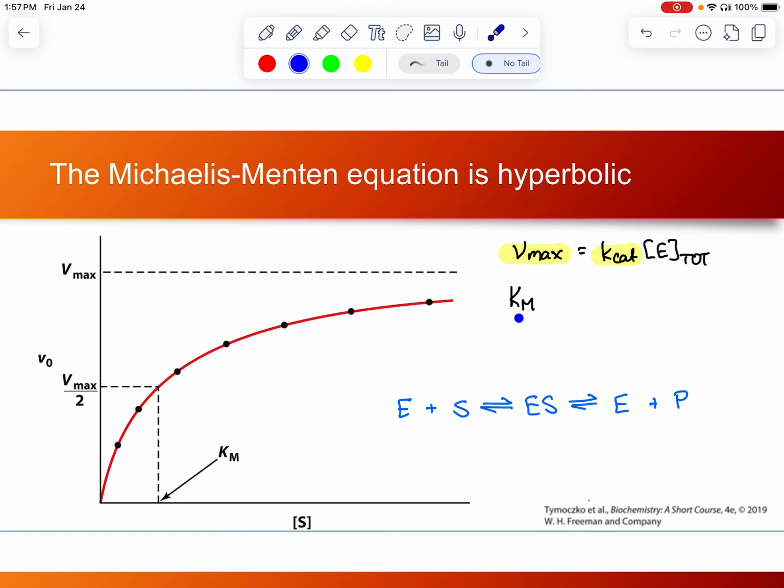Km, on the other hand, told us about the substrate-enzyme interaction, right? It was something about the bonding affinity, how likely and how strongly this enzyme and substrate bond into this complex. Now, as we talk about inhibitors, this could be some small molecule, some drug, something that's going to change some of these parameters and change how this whole process works.